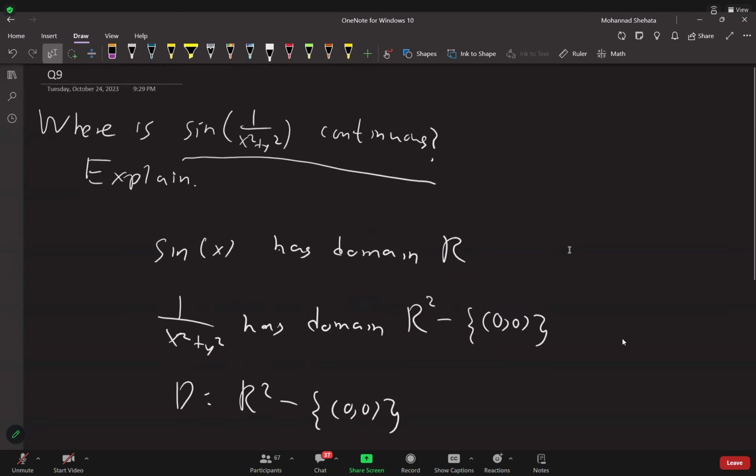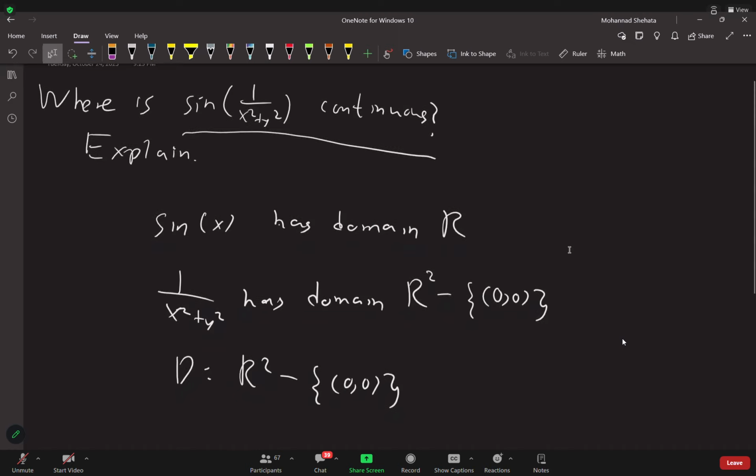How about continuity? Where is this function continuous and why? Yes, it's continuous on its domain, but how would we justify it's continuous on its domain? It's a rational function.